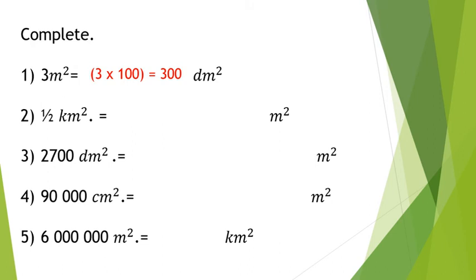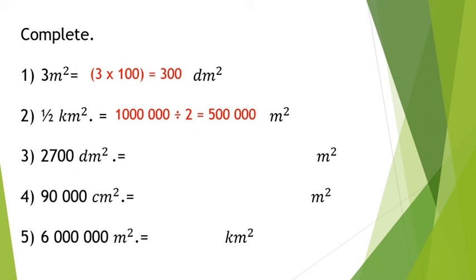Number 2, half square kilometer equals how many square meters? 1 square kilometer equals a million square meters. Then half square kilometer equals, yes, 500,000 square meters. 1 million divided by 2, because half square kilometer means the square kilometer divided by 2, so the million divided by 2.